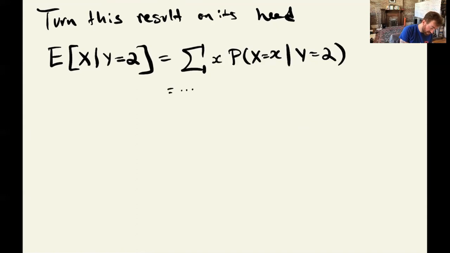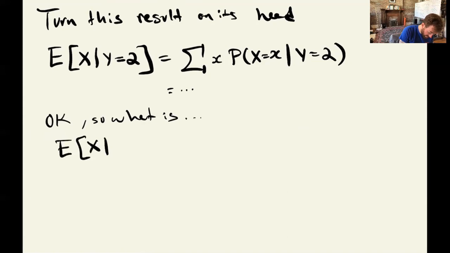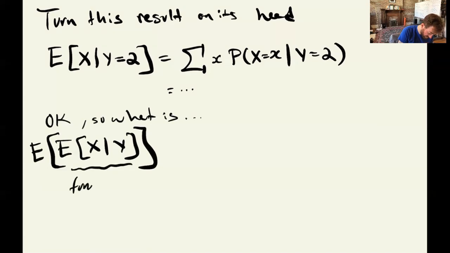And let's go ahead and just test our understanding of what just happened. Okay, so what is the expectation of x given y? That's a function of y, but now I'm going to take the expectation of this, viewed as a function of y.